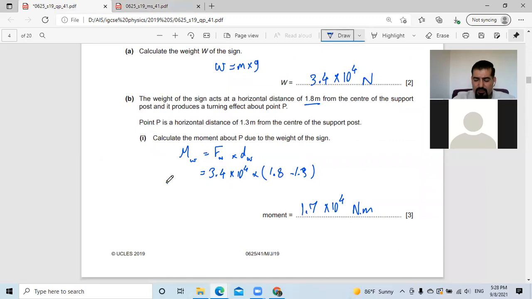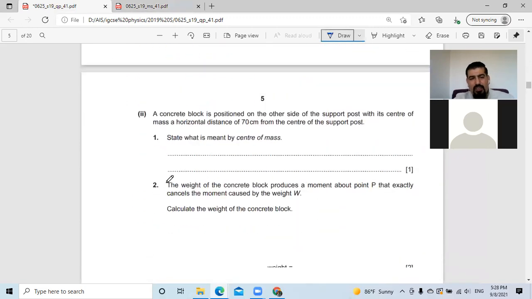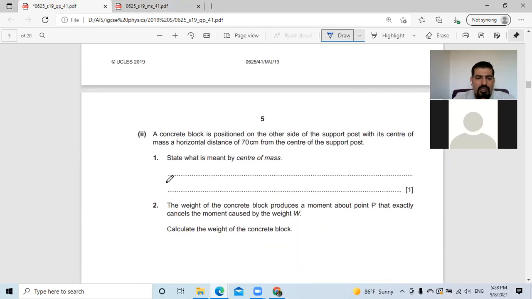as we continue here, part (ii), the concrete block is positioned at the other end of the support post with a center of mass at a horizontal distance of 70 centimeters from the center of the support. What do we mean by the center of mass?